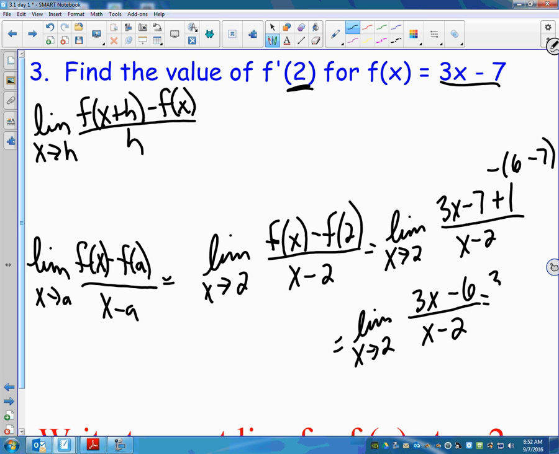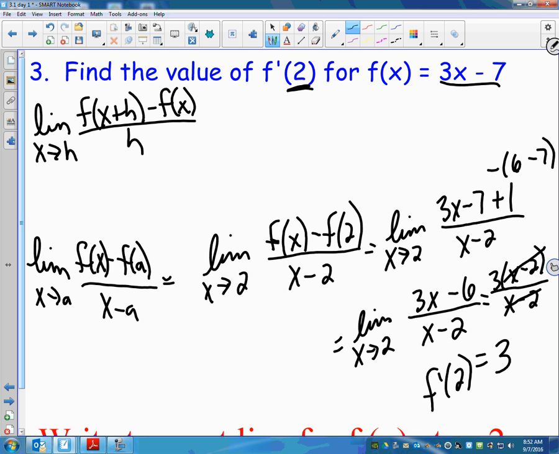So I can write that as 3 times x minus 2 over x minus 2. And then what happens? You just get 3 as your answer. So the derivative at 2 equals 3.